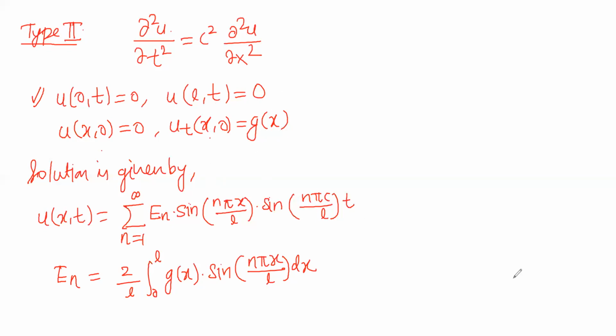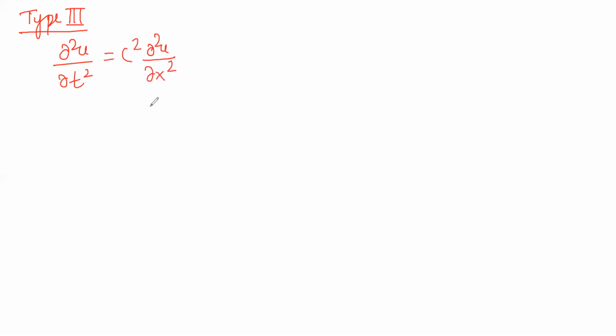So let me write down type 3. It's better to be on a new page, in fact. That will make a good impact. So type 3: ∂²u/∂t² will be equal to c² times ∂²u/∂x², and 0 < x < L and t > 0.